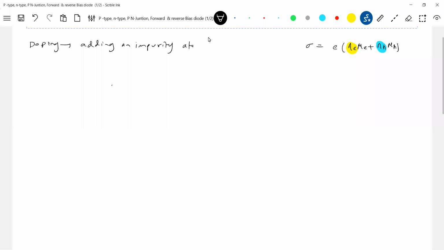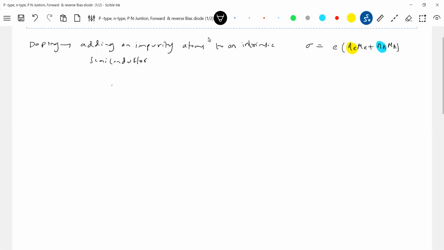Adding impurity atoms to an intrinsic semiconductor is called doping. It's like when we cook some curry, we add some salt. Similarly, adding some impurity atoms to a pure semiconductor is called doping. By doping a pure semiconductor, we get an extrinsic semiconductor.